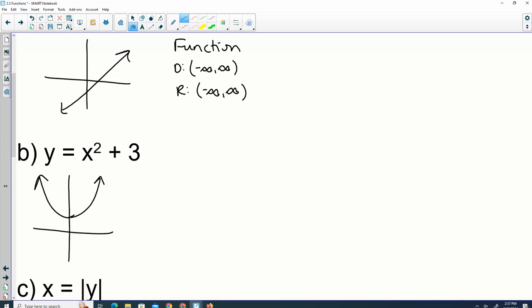Does it pass the vertical line test? Yeah, no matter where you draw your vertical line, it only hits once. Domain. What would that be? The range. If I start at the bottom, what is this lowest y value? 3. And then it goes up forever, so that would be 3 to infinity.